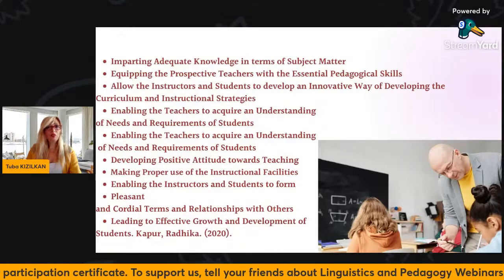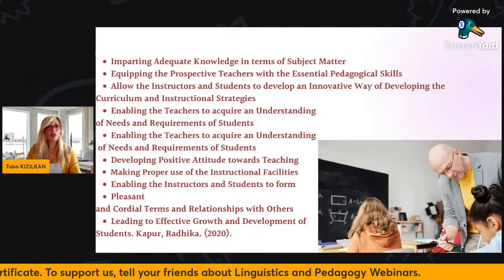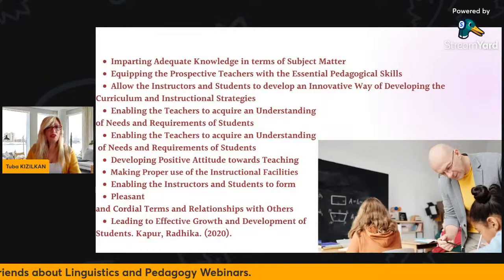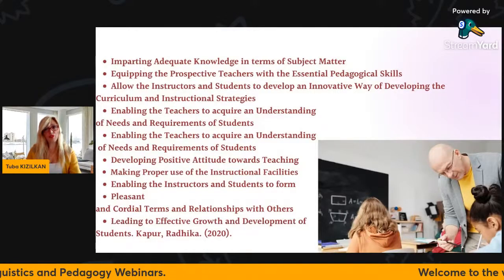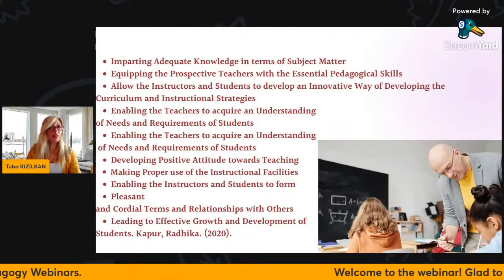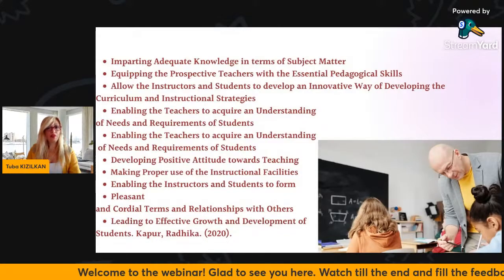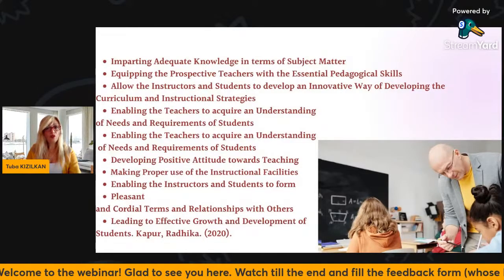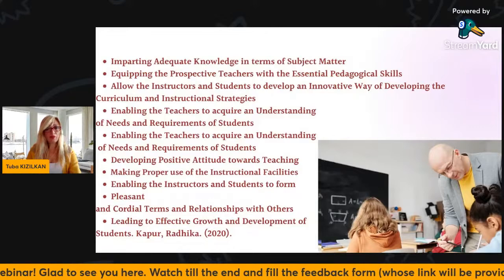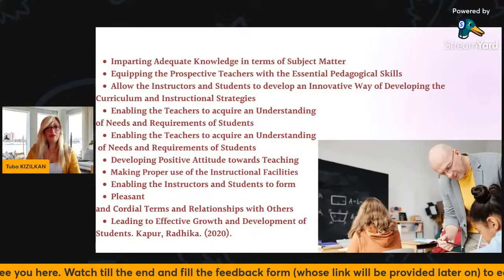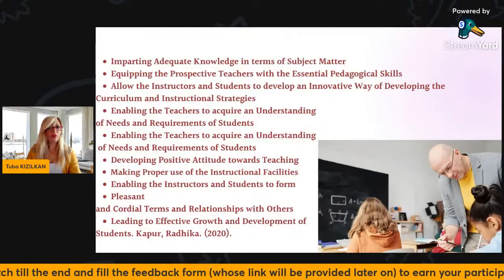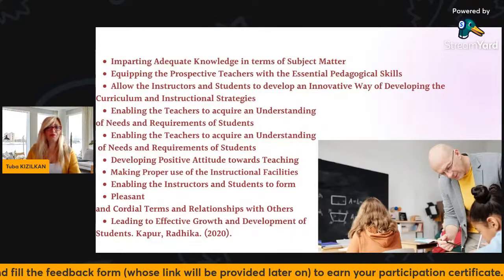It also enables teachers to develop a positive attitude towards teaching, make proper use of instructional facilities, and enables the instructors and students to form pleasant and cordial relations with others. And also, as Radhika Kapoor stated, leading to effective growth and development of students.